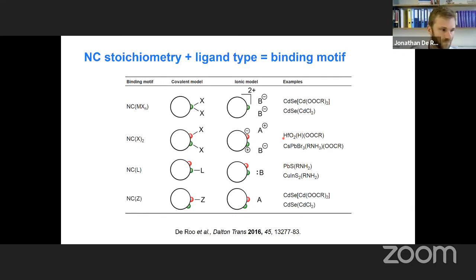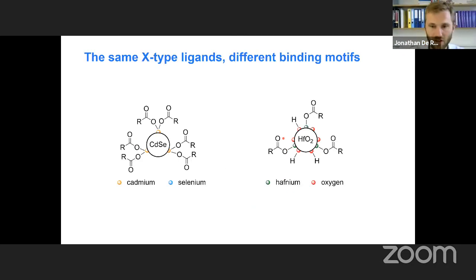Easy. Now these binding motifs are not just for fun that we're defining this. Here you see an example where we have the same X-type ligand, carboxylate, but a completely different binding motif, and thus also completely different reactivity. Here it is charge neutralized by excess cations on the surface.